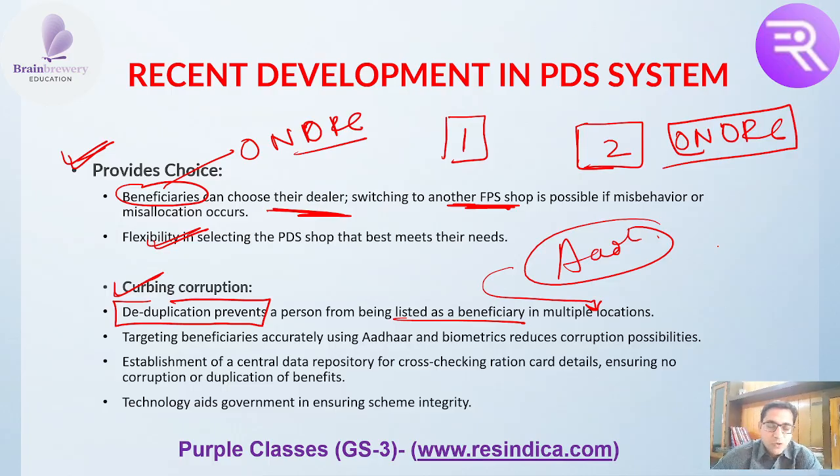So if you are targeting using Aadhaar-seeded data, it reduces corruption, and you will have all the data at the central data repository to properly analyze and cross-check every card detail, so that there is no duplication and corruption happening.